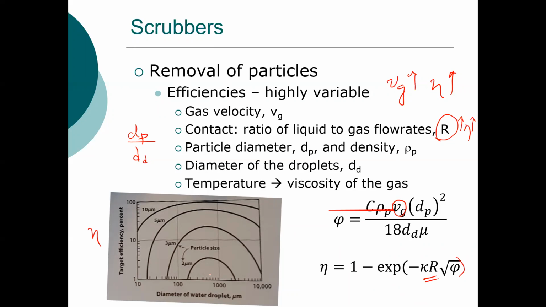And you can see, especially for these really small particle sizes, the diameter of the droplet has a very significant impact on efficiencies. And you can see where efficiencies are low. When we're looking at a 10 micron particle over that same range of water droplet sizes, the efficiency of removal is close to 100%, and it doesn't vary significantly with water droplet size.